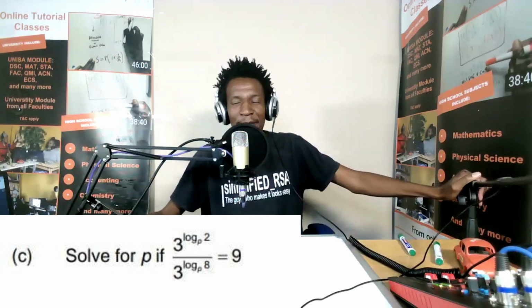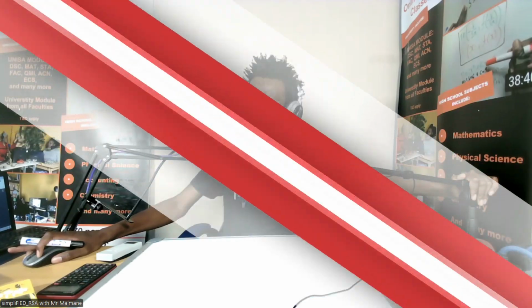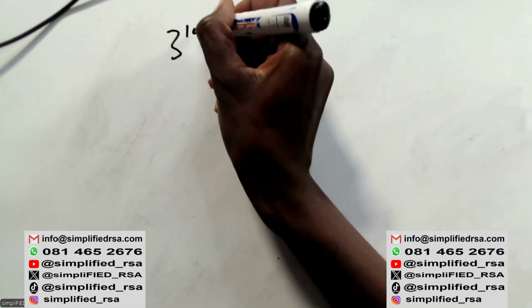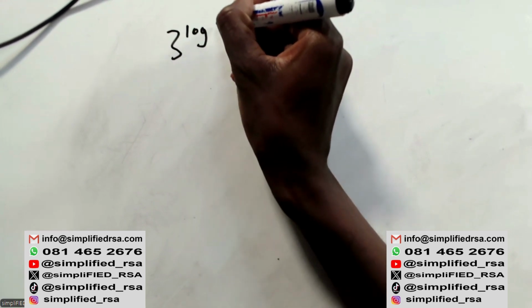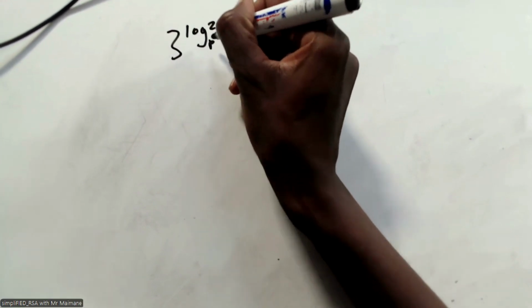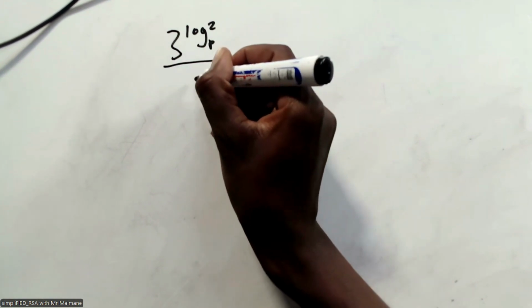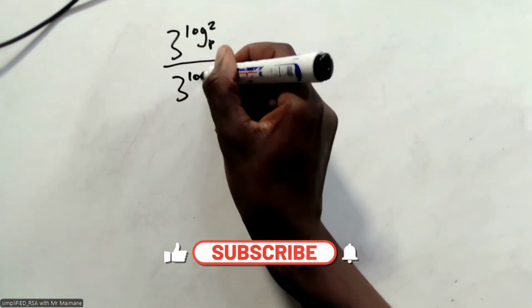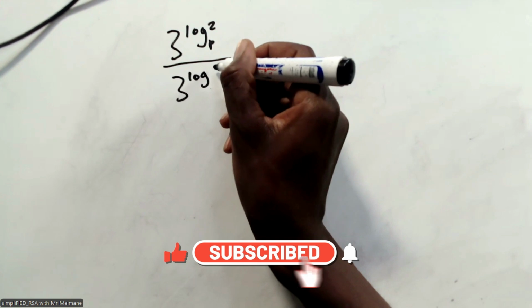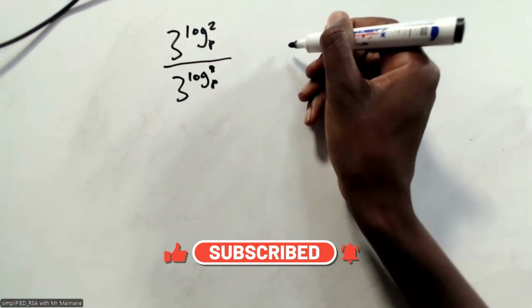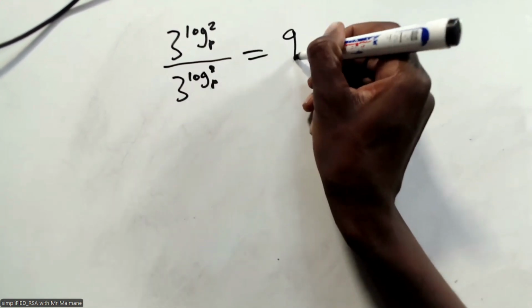So, it doesn't even look hard anyway. Here we have 3 to the power of log 2 base p, all over 3 to the power of log 8 base p, equals 9.